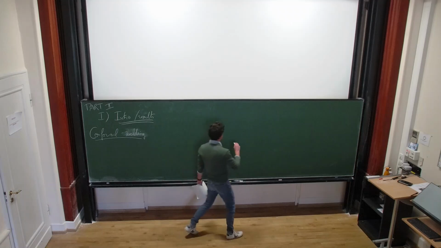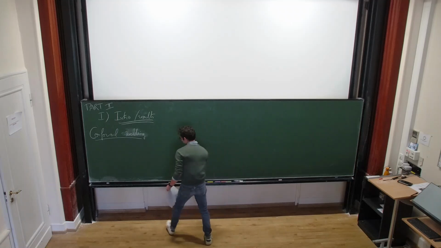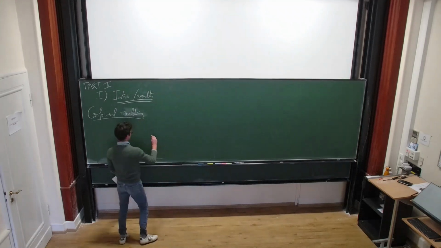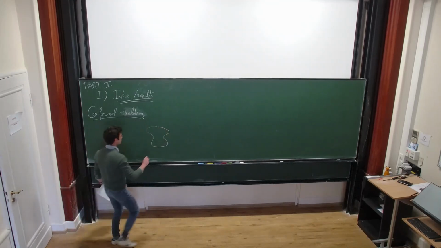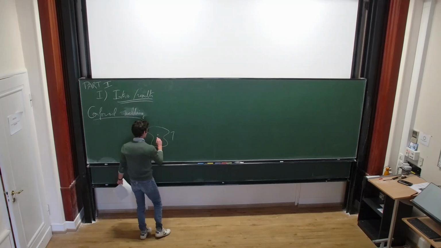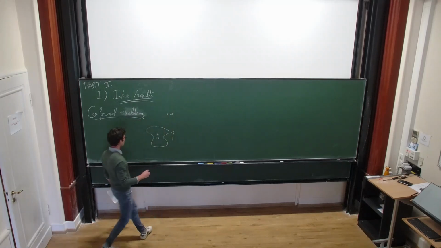So we were talking a lot about Jordan curves. Suppose I have a Jordan curve, which can be any Jordan curve, eta, and I'm always going to assume, as before, that it separates 0 from infinity.